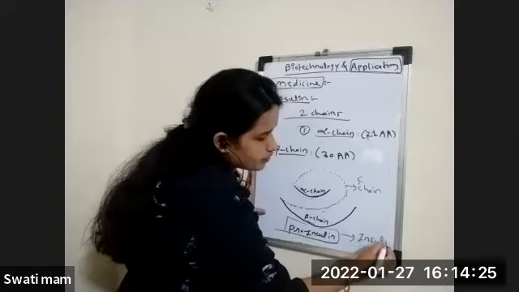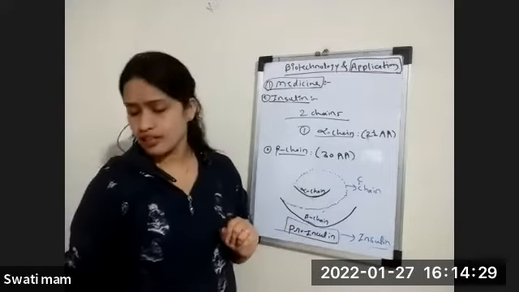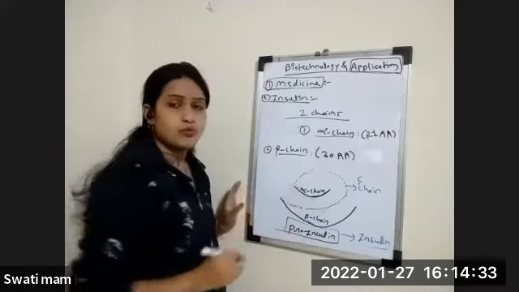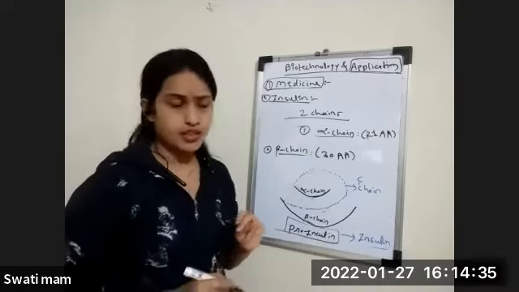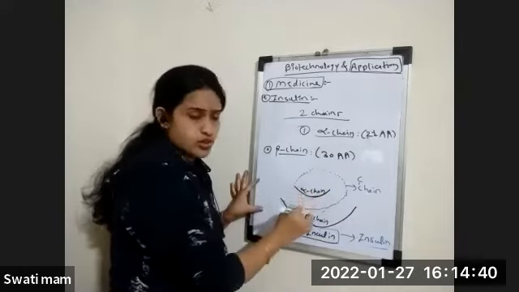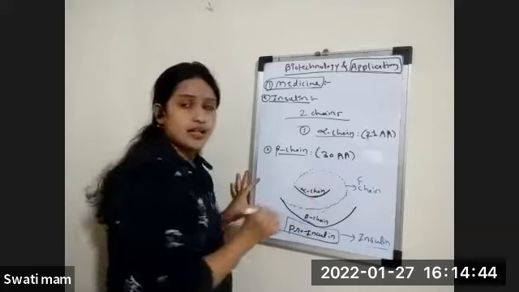Alpha chain and beta chain are separated. For the joining of these two chains, alpha chain and beta chain, the C chain helps.